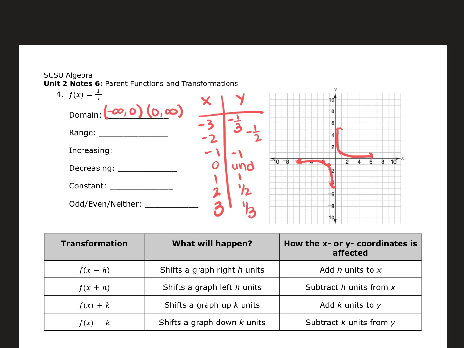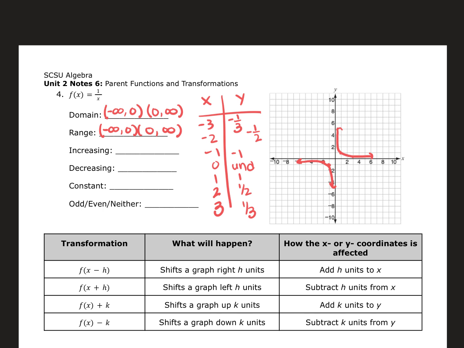This tells me we're not in the middle. There is no 0 happening, okay? When I do the range, it's the same way. I have all negative y values and I have all positive y values, but I don't have any y value at that 0. So we're going to have to split it into 2 different parentheses.